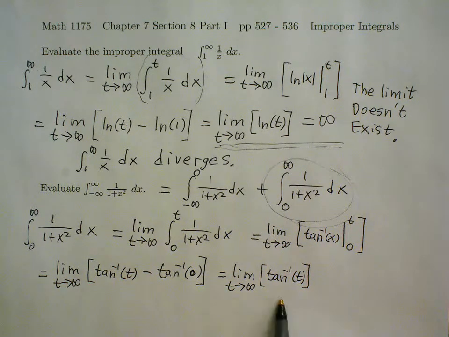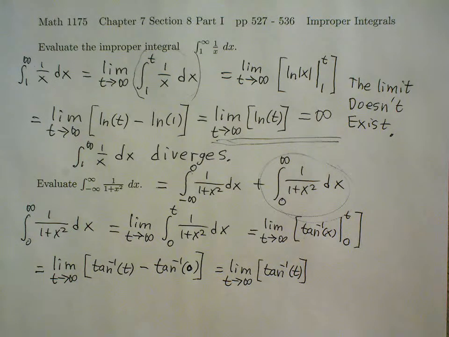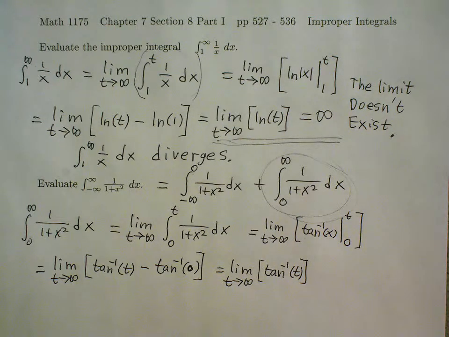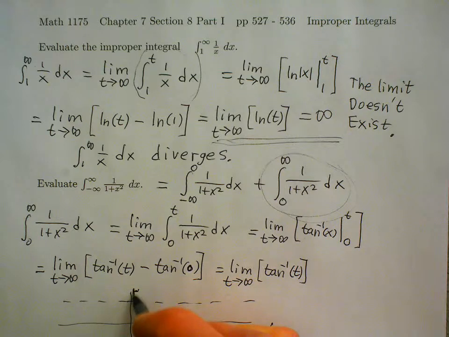And as t approaches infinity, what does the inverse tangent of t get close to? Okay, the graph of, if t is the independent variable, whoops, this is pi over 2, this is negative pi over 2.